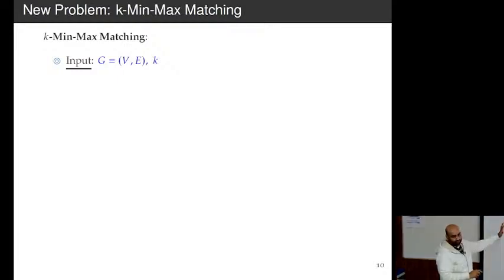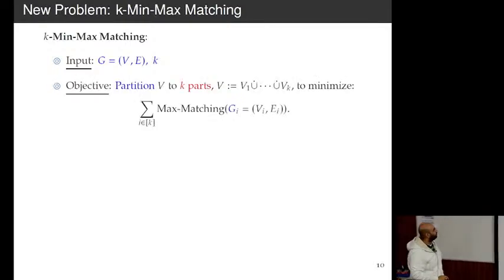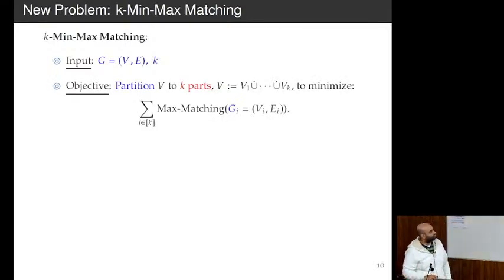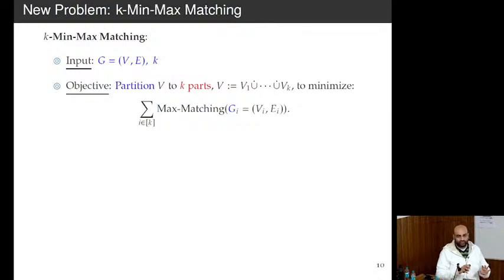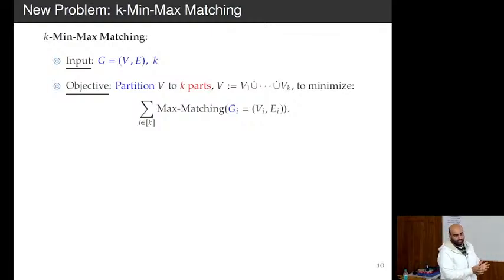So the input is a graph, and the objective is to partition the vertex set of the graph into k parts, such that for each part you look at the maximum matching, and you want to minimize the sum of the maximum matching across the parts.